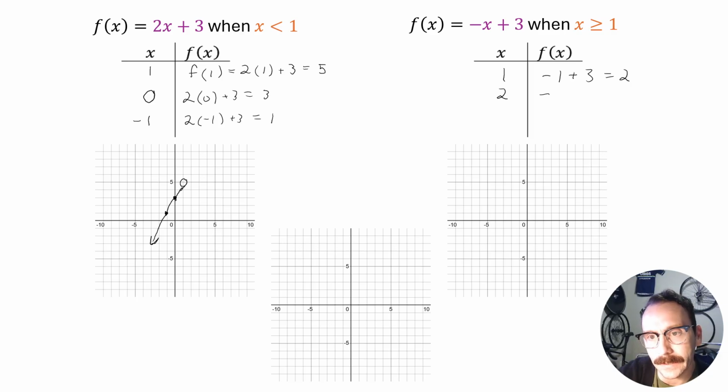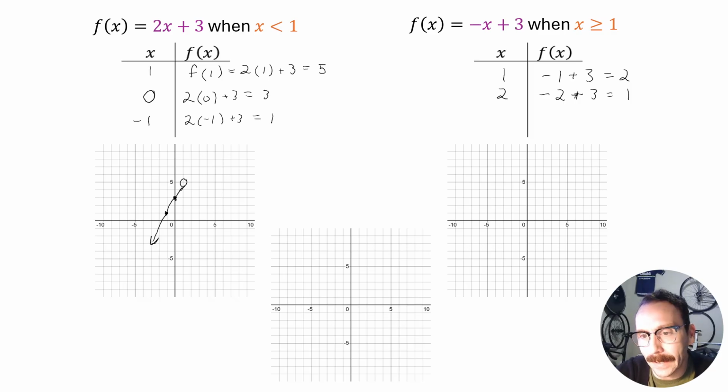When I plug in 2 for my x, I get -2 plus 3. Now if I simplify this, I get -2 plus 3, which is equal to 1. Hopefully I've done that correctly.